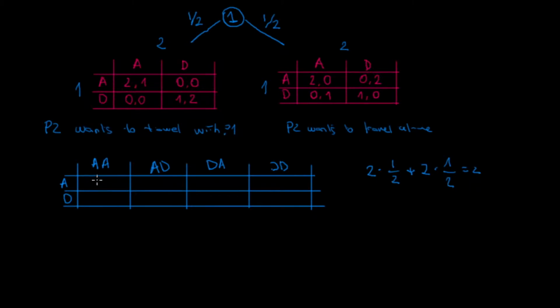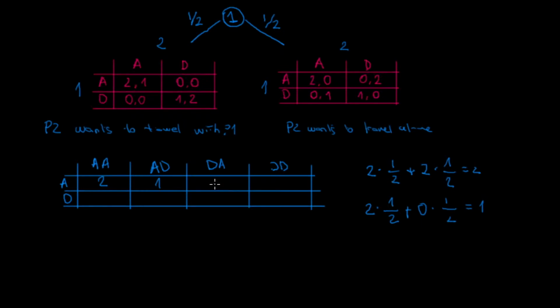So here we are going to have 2. Now here Australia for player 1, but player 2 now plays Australia-Denmark. So we have 2 times 1/2 plus, in Denmark, 0 times 1/2, and this is equal to 1. This is how we can compute the best response of player 1.